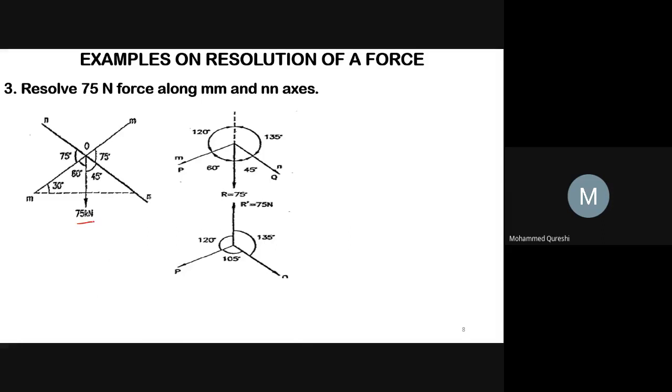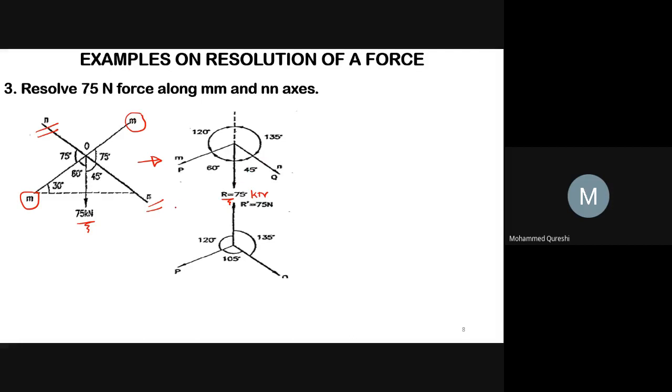Here, 75 kilonewton in downward direction and axes are M-M and N-N. So I am just simplifying this figure and converting it into this figure. Here R is 75 kilonewton in downward direction.